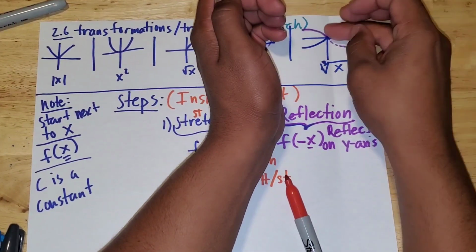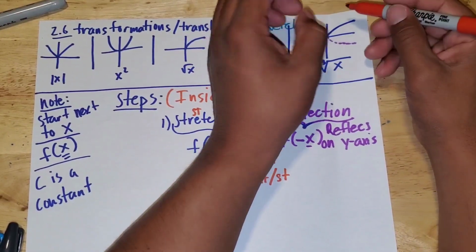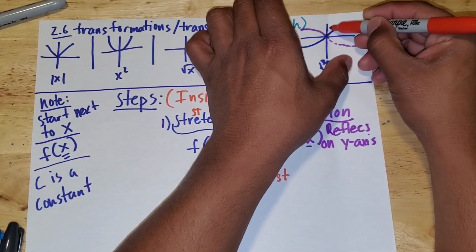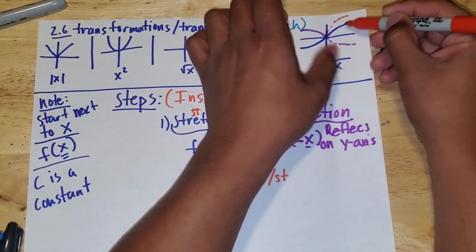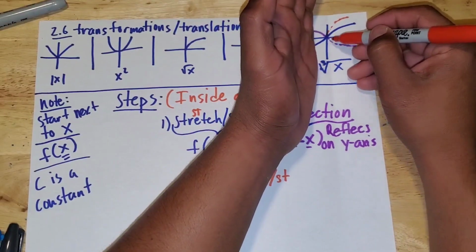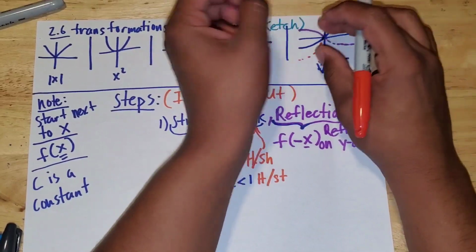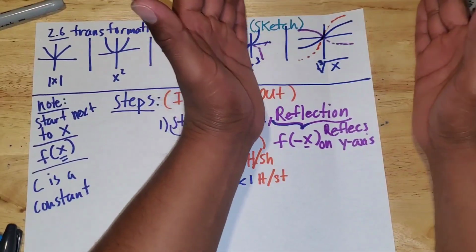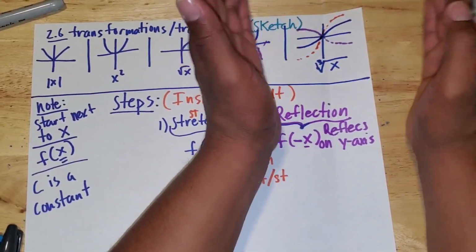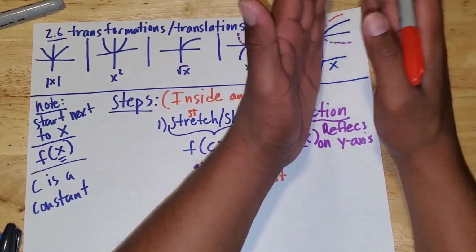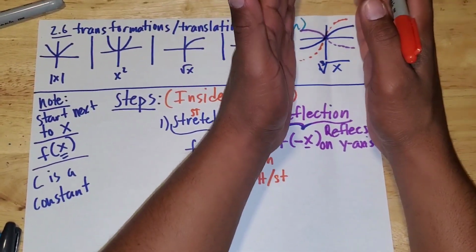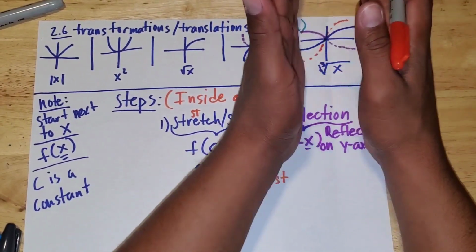If I compress this in one direction, it's going to bulge upward. Similarly, if I push this one, it's also going to make it bulge. Again, this doesn't move it around. This is just sort of squishing it down towards the origin. So this is what would happen if you squish it downward.